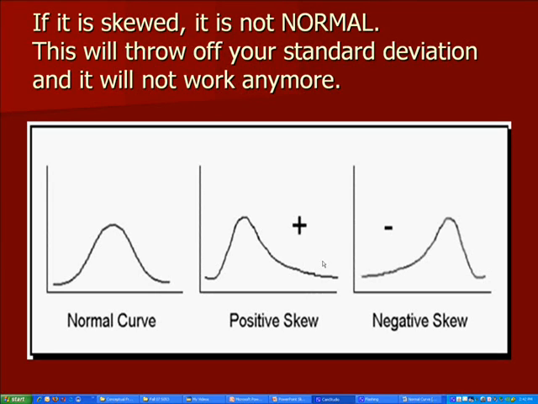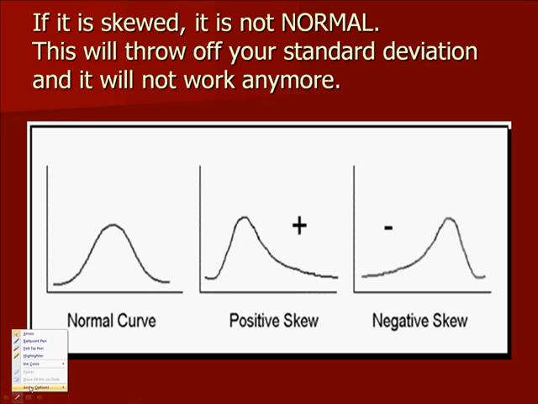What causes this is if you have a few very, very high scores, that pulls up the mean. You still have a median, which is back down here, but your mean is starting to move, and this is called a positive skew.